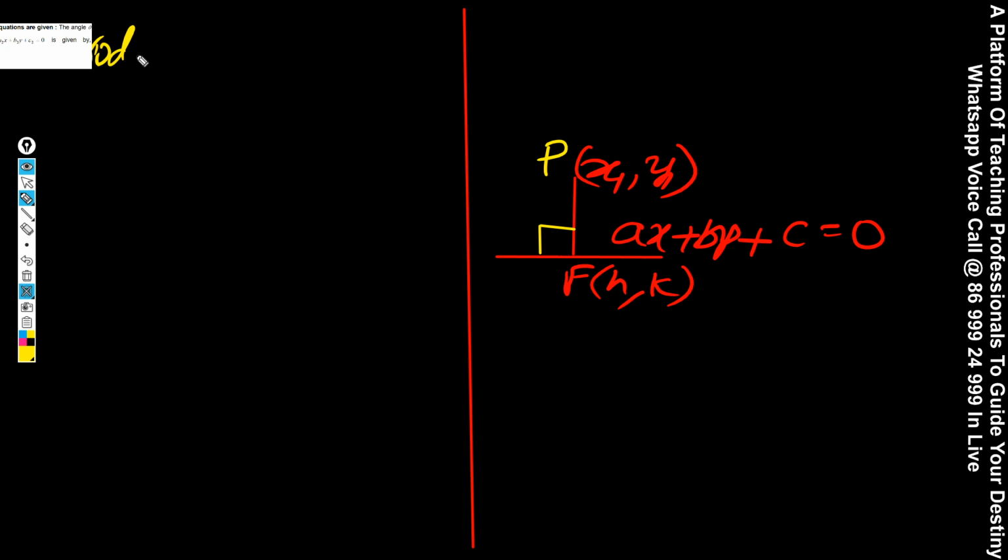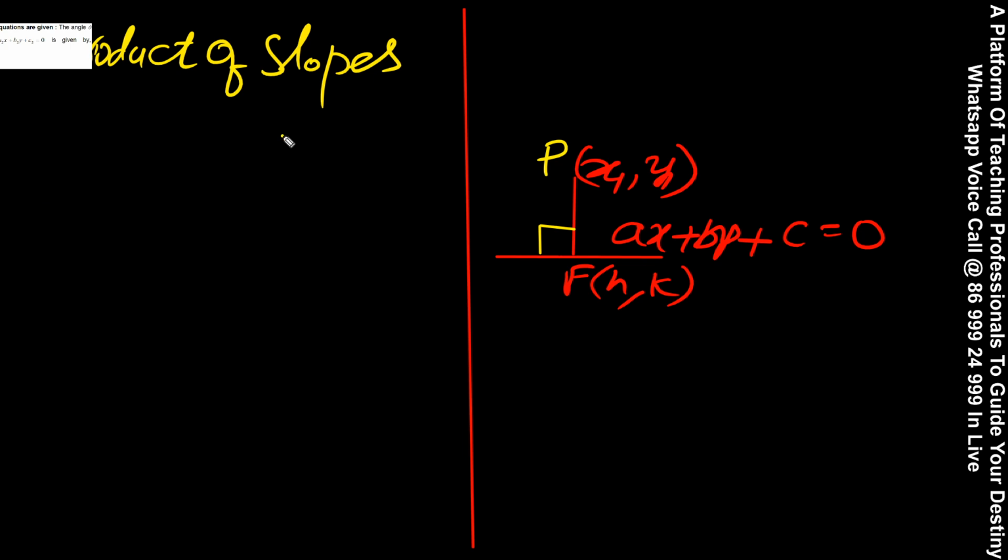If two lines are perpendicular to each other, M1 into M2 equals -1.